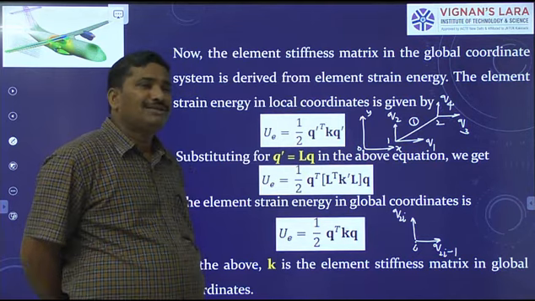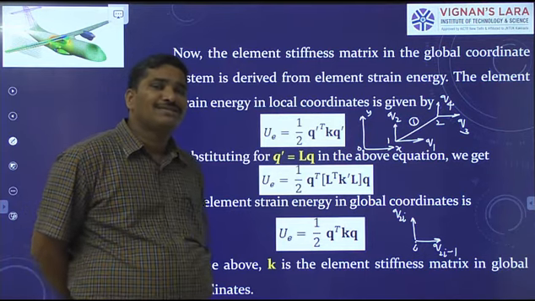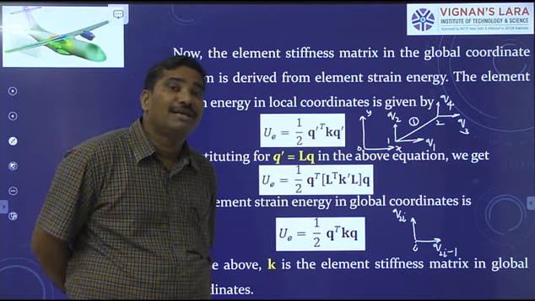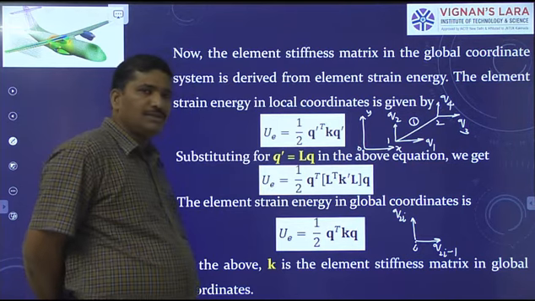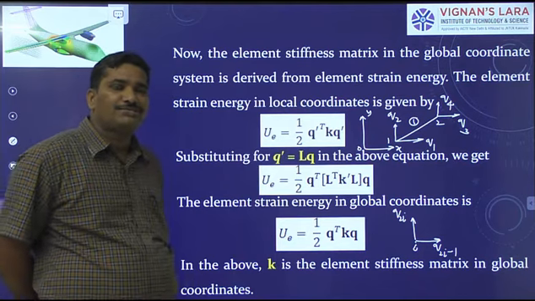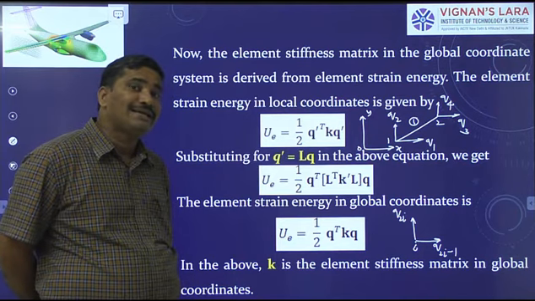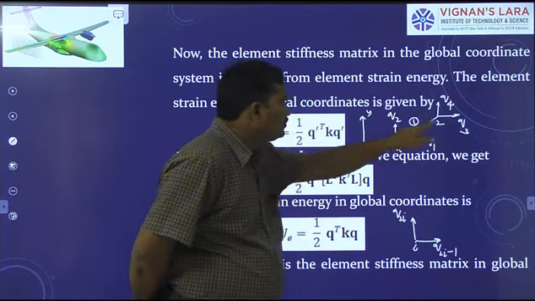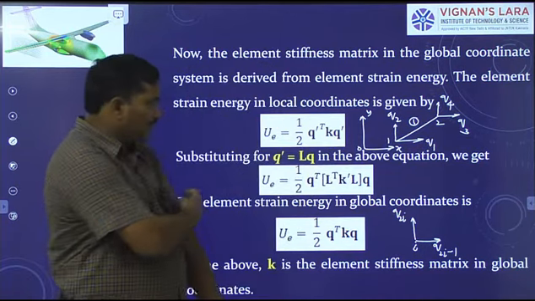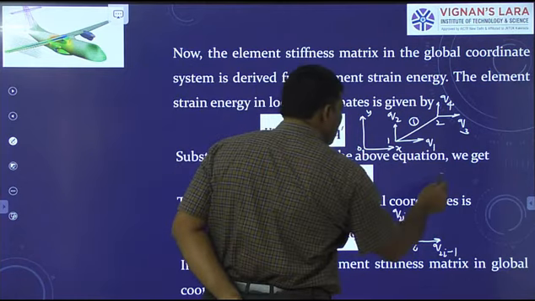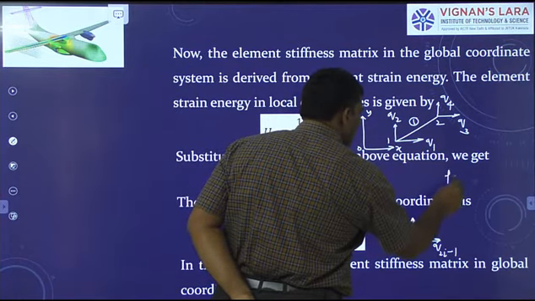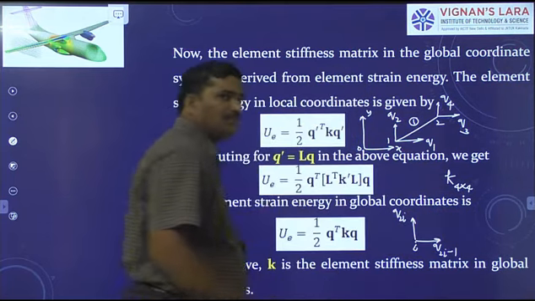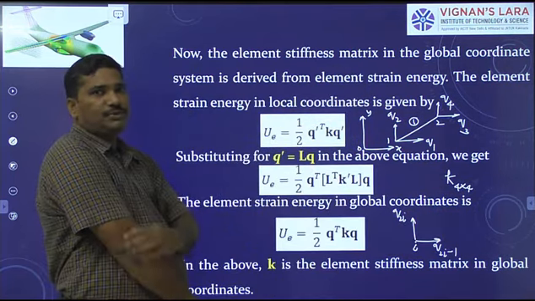We know that the size of the element stiffness matrix equals the total degrees of freedom of the element. How many degrees of freedom are there? 1, 2, 3, 4. Therefore, here, with respect to the global reference frame, we get the element stiffness matrix with size 4 by 4. This we need to derive. Okay? Next.